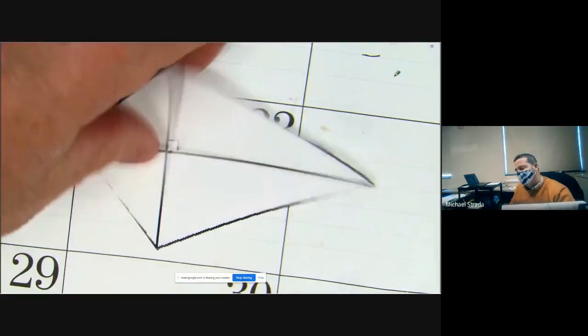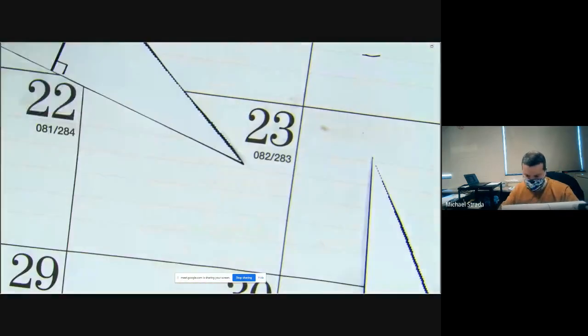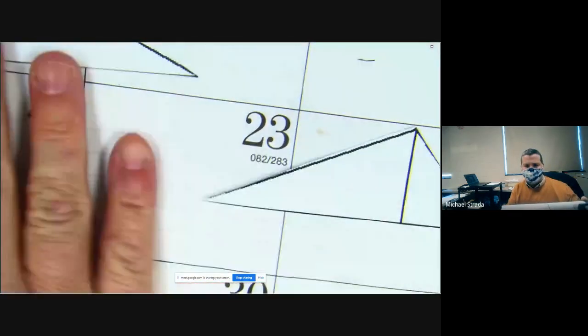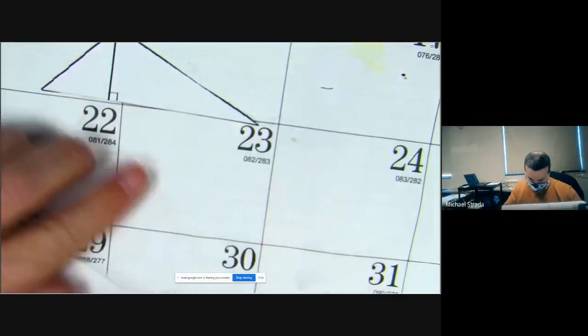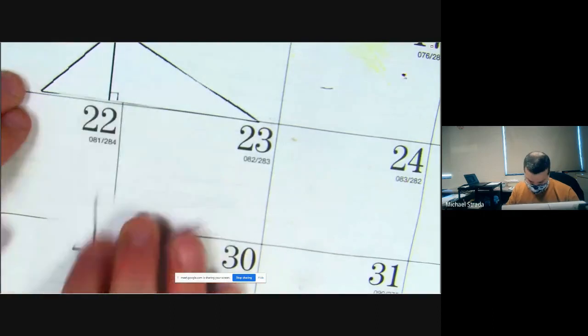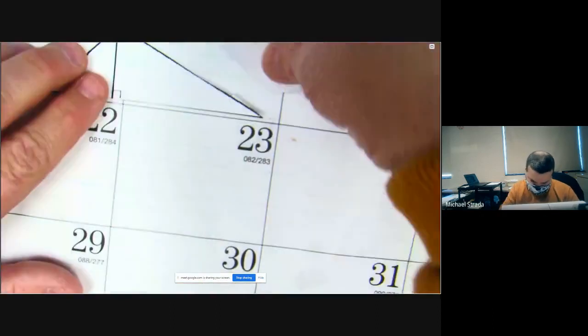But here's what I'm going to do. Similar to what I did last week with the triangle with Sketchpad, I'm going to cut it right in half. Would you agree with me that those two triangles are congruent to each other? So I'm going to take this bottom half, and see if I can remember how to do this.